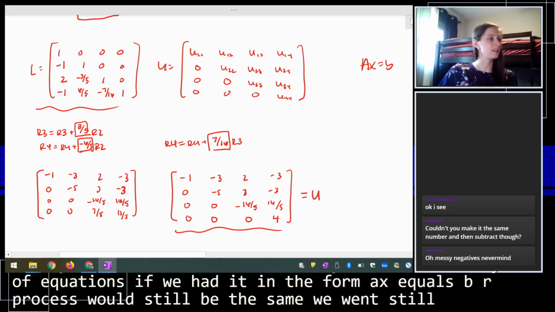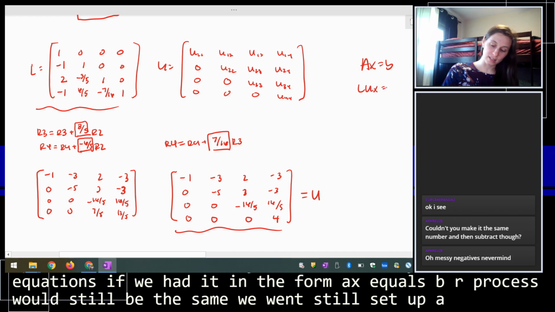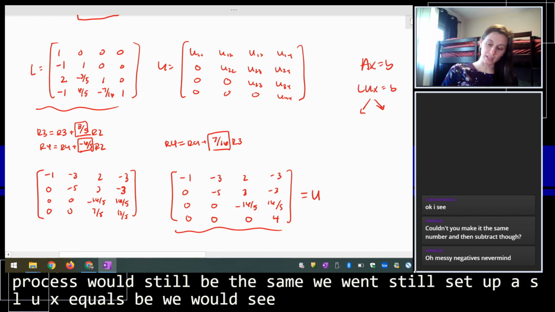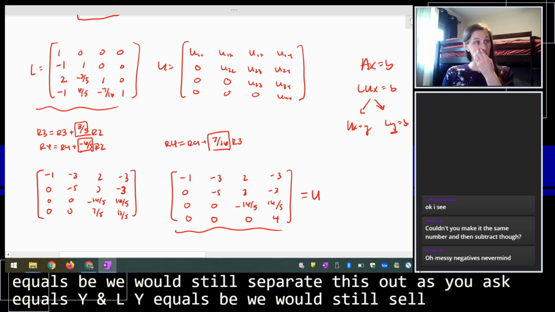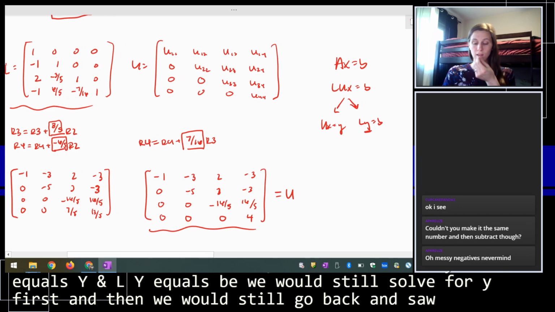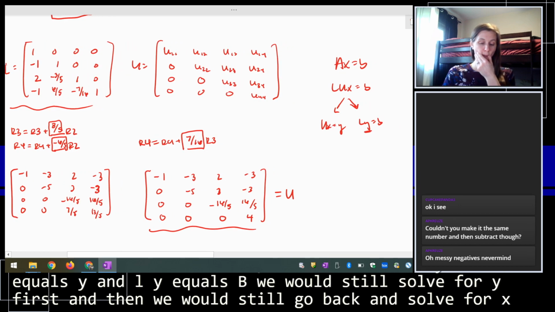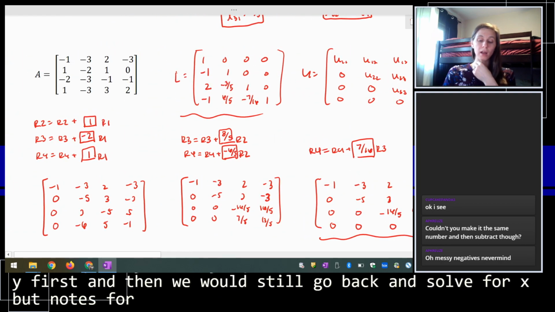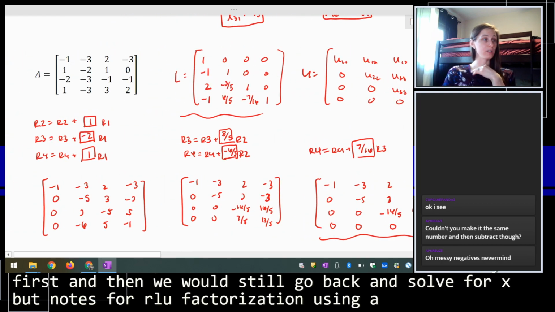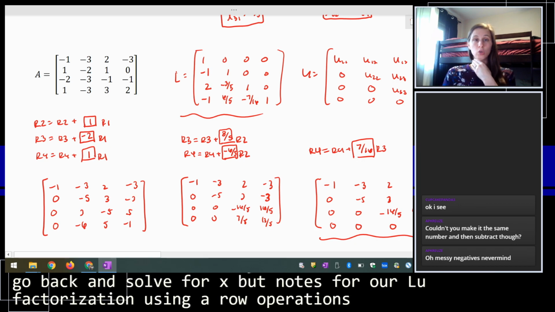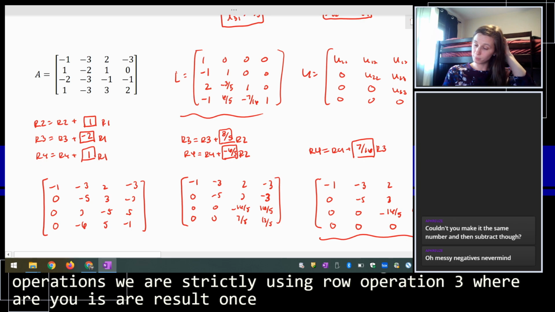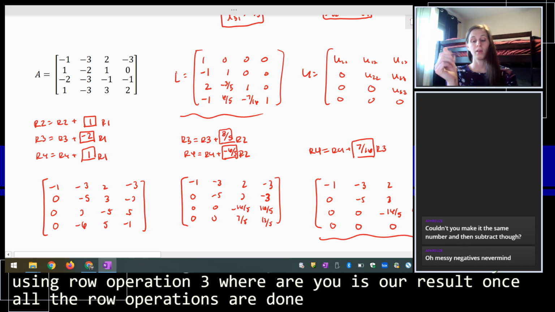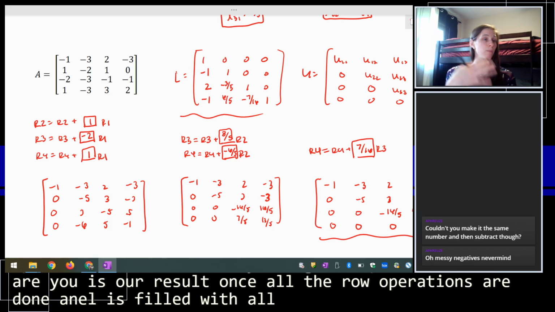We would still set up A as LUX equals B. We would still separate this out as UX equals Y and LY equals B. We would still solve for Y first, and then go back and solve for X. But note, for our LU factorization using row operations, we are strictly using row operation 3, where U is our result once all the row operations are done, and L is filled with all of our multipliers from those row operations.